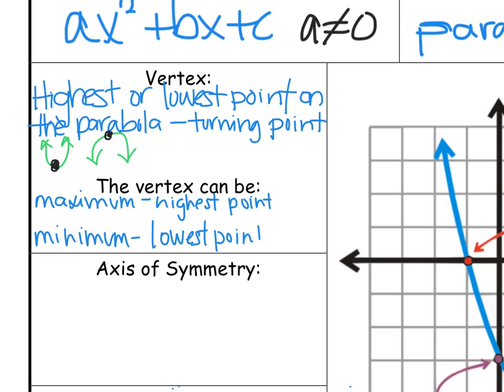So the parabola that we're looking at has a minimum. Again, if the parabola opens downward, there's our highest point. If the parabola opens upward, there's our lowest point. So this is the maximum because this parabola is opening downward. This is the minimum because the parabola is opening upward.